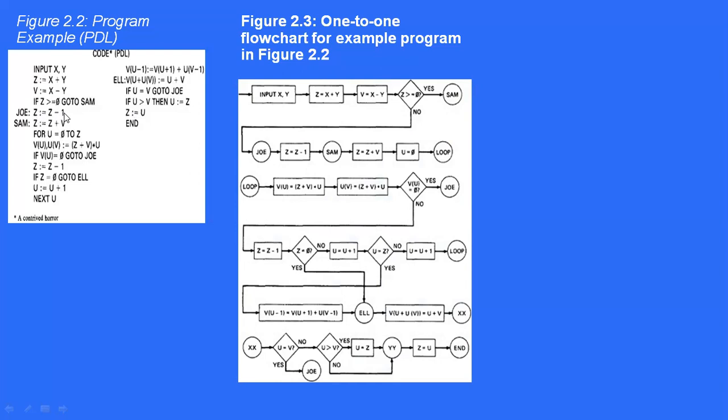Z is equal to z minus 1. Then we go to SAM. Where is SAM? SAM is here. This is what is a junction box. This is how we represent the flowchart.